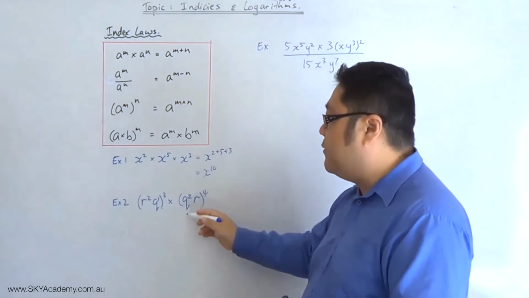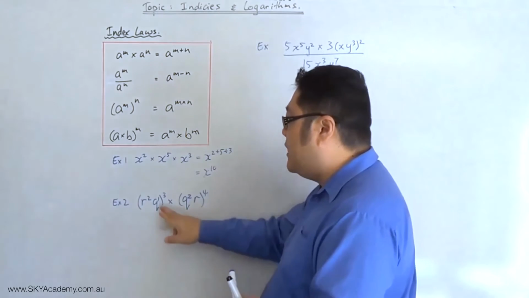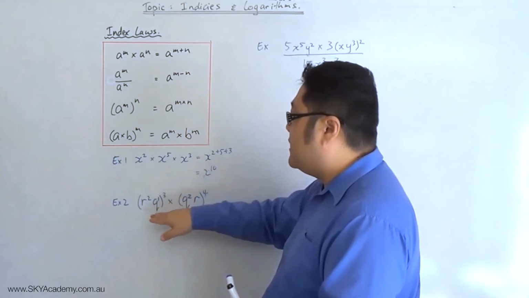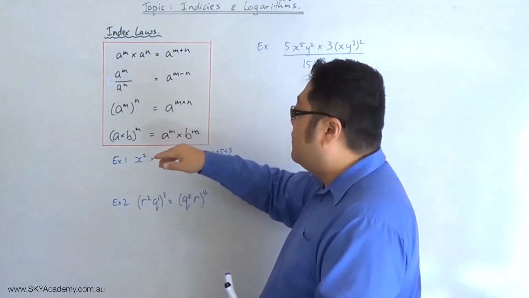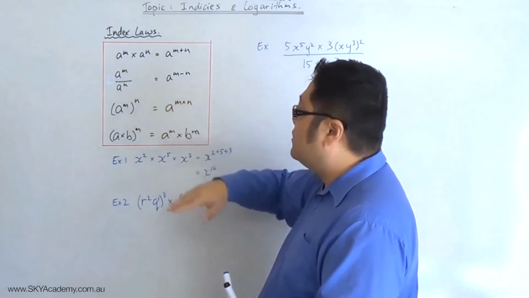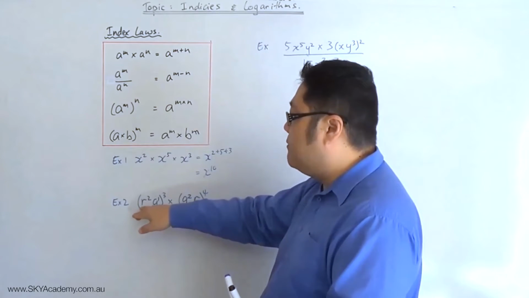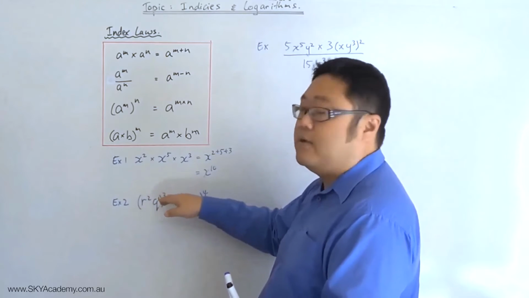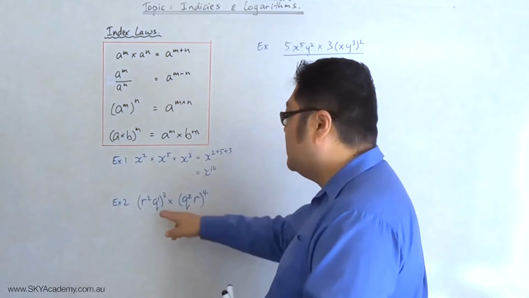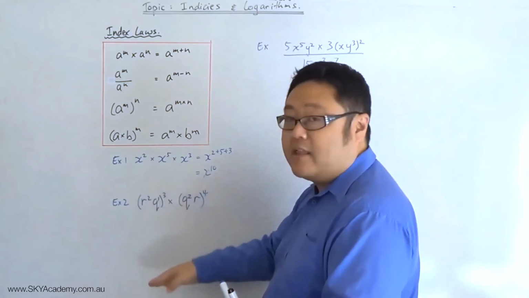Let's have a look at the second one. This second one is kind of sneaky. It allows us to use the third log law, because we've got powers to more powers. I'm going to work down the page with this one.